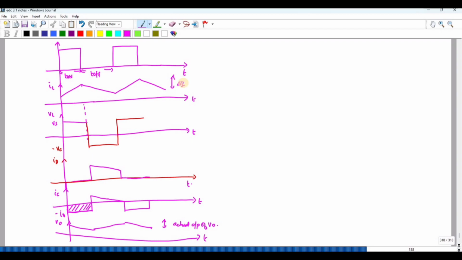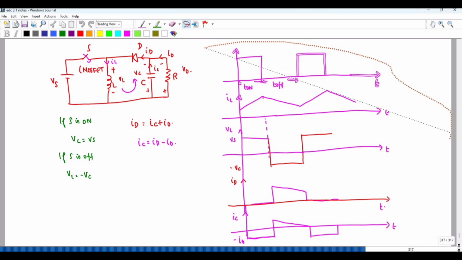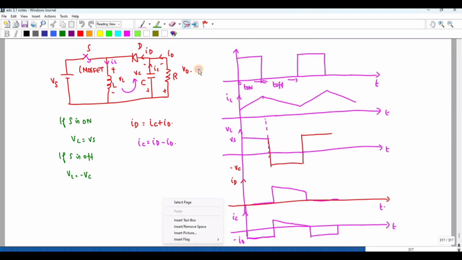So now I can write T on plus T off is equal to T. So what is T on time?